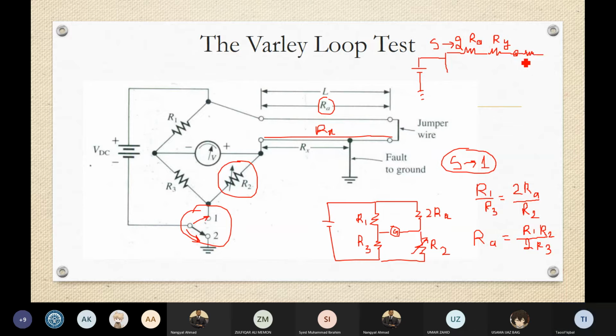So at this point, sorry, we have actually ground, and then we have the value of Rx.